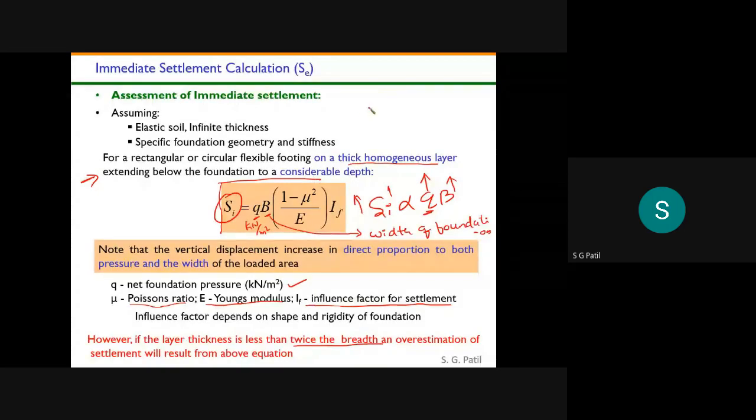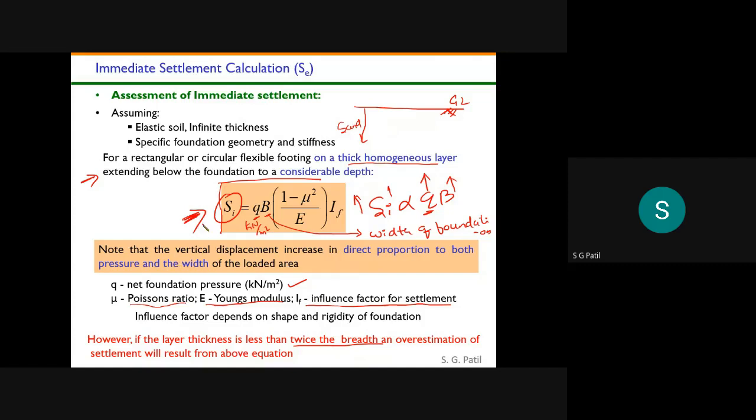That means you have only one layer. This is your ground level, and only one kind of soil layer is there. If you have a sand, it may be extending to a larger depth, maybe 5 meters, 6 meters or 10 meters. Then only this formula is applicable.